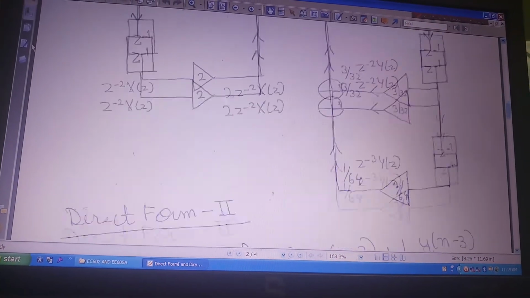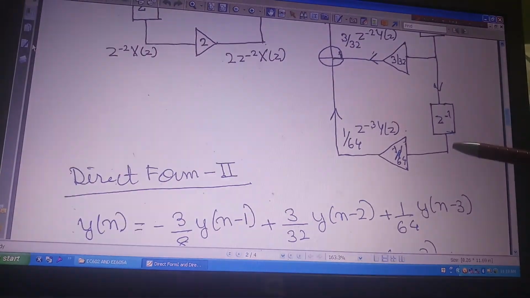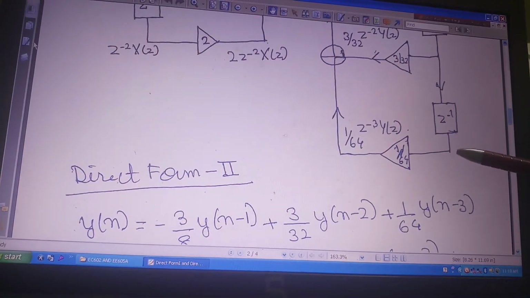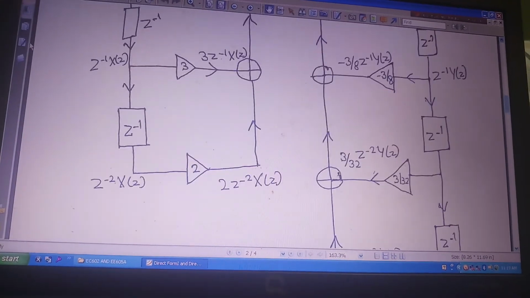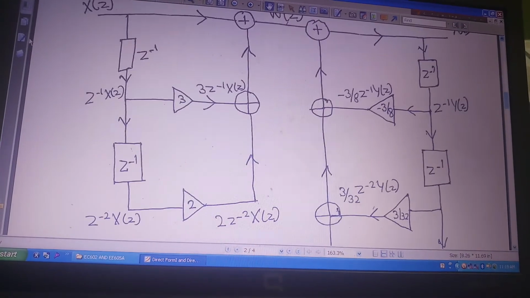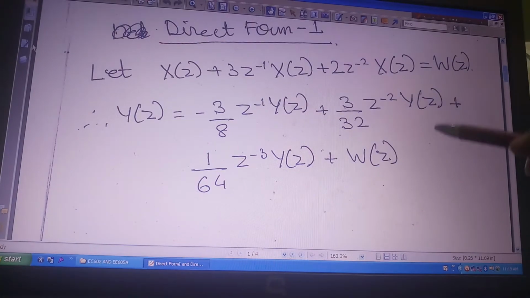Finally, with another z inverse, I get z to the power minus 3 Y(z) multiplied by 1 by 64, and it reaches this point through the adders. So finally I come to this expression.